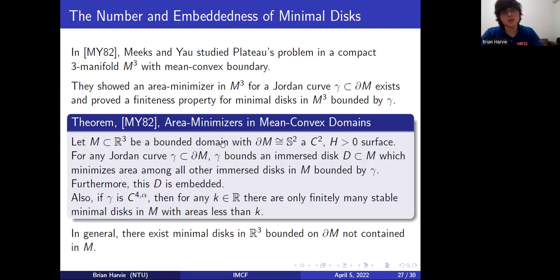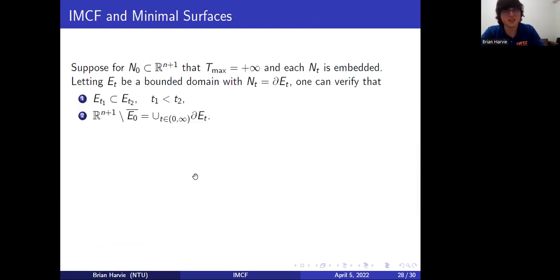So all of these Meeks-Yau results would not apply in that case, right? These results don't say anything about minimal disks D which are not contained within M, but are still in R3. So what does inverse mean curvature flow have to do with all this?